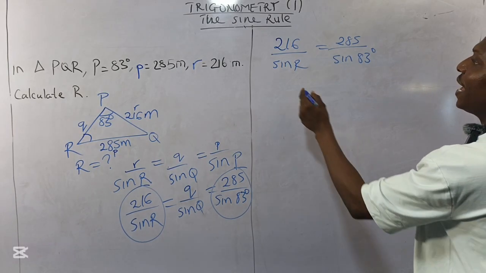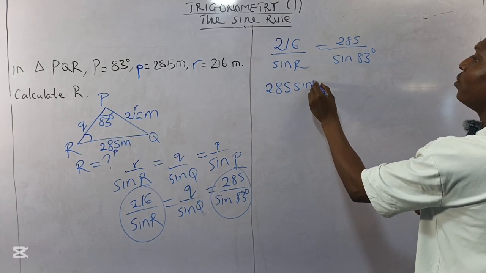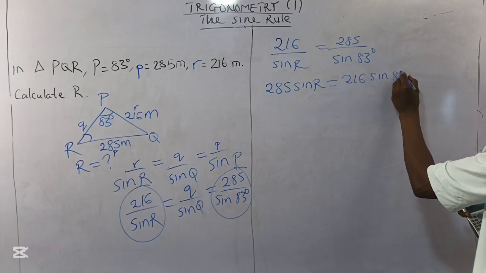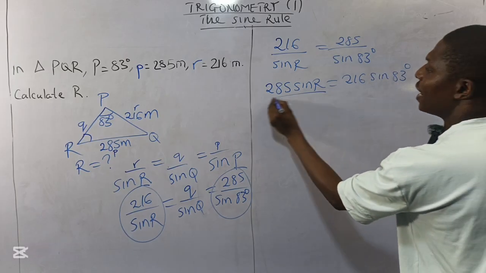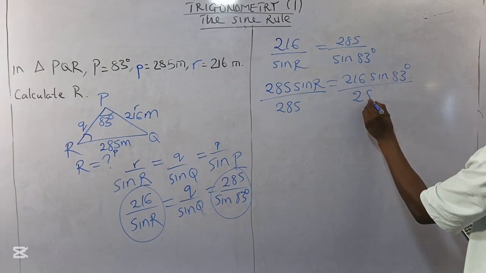If I cross multiply, I will have 285 sine R equals 216 sine 83 degrees.